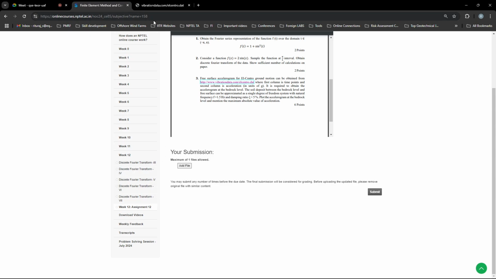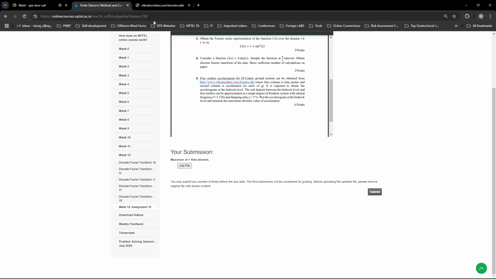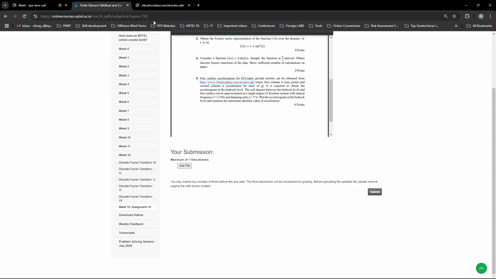Just a minute. The data is given at the top of the soil. Yeah, the data is given at the top of the soil.